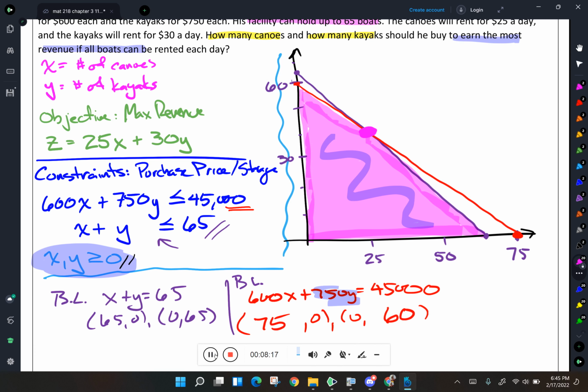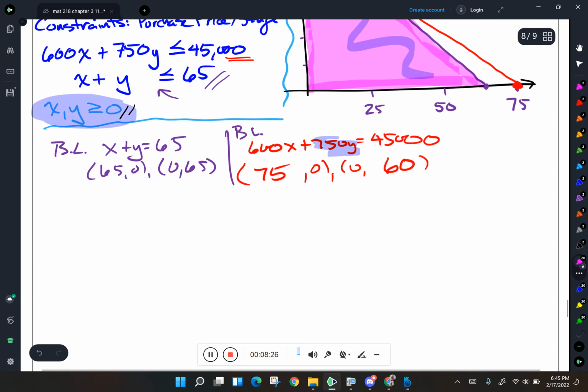All right, so I need to find out what that corner is. Now that corner is the intersection of those two boundary lines. So I'm going to need to do some math down here. I need to find the solution to the system where those two boundary lines intersect, which is going to be the system x plus y equals 65 and 600x plus 750y equals 45,000.